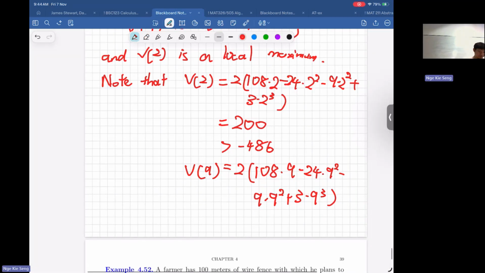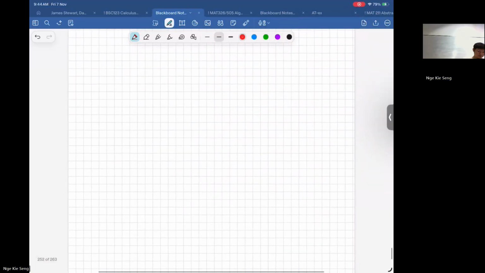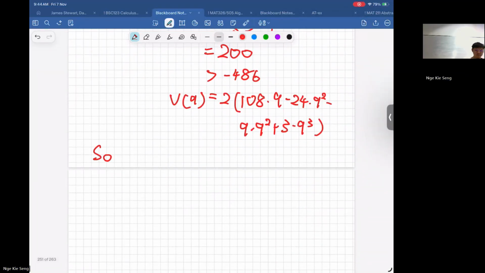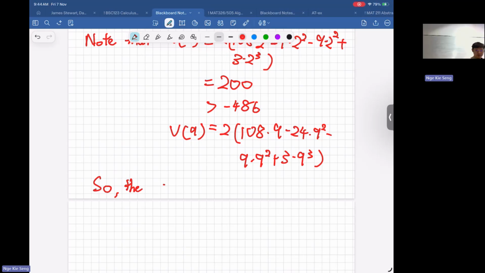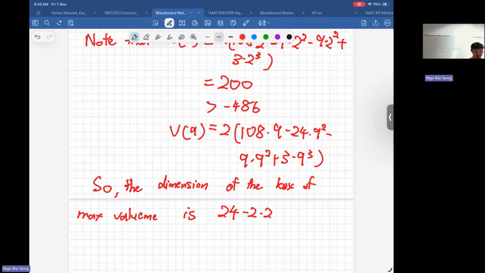So the dimension of the box of maximum volume is 24 minus 2 times 2, 2 times 2, times 9 minus 2 times 2 times 2, which is 20 times 5 times 2.